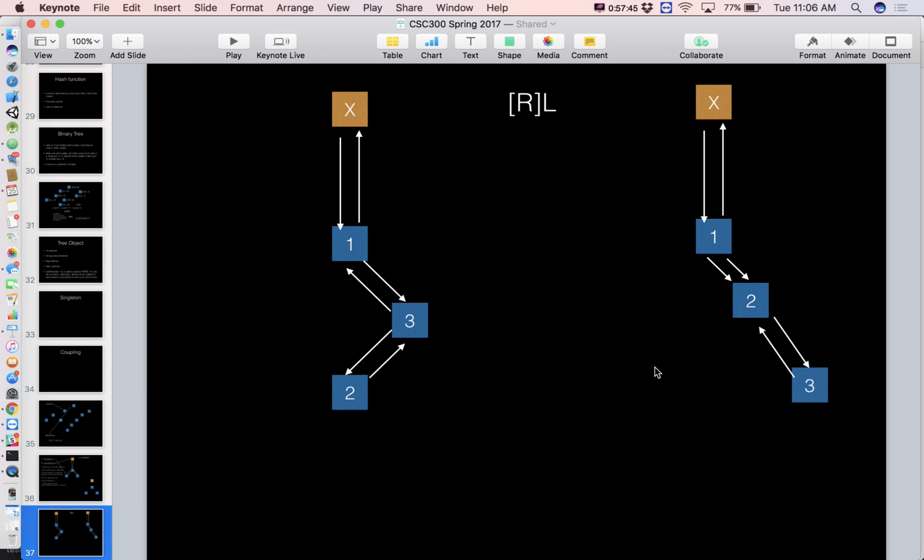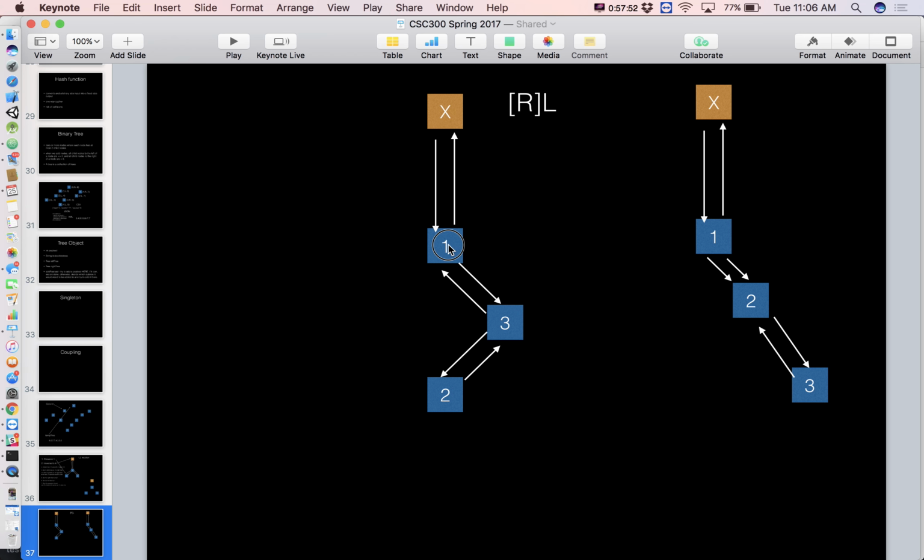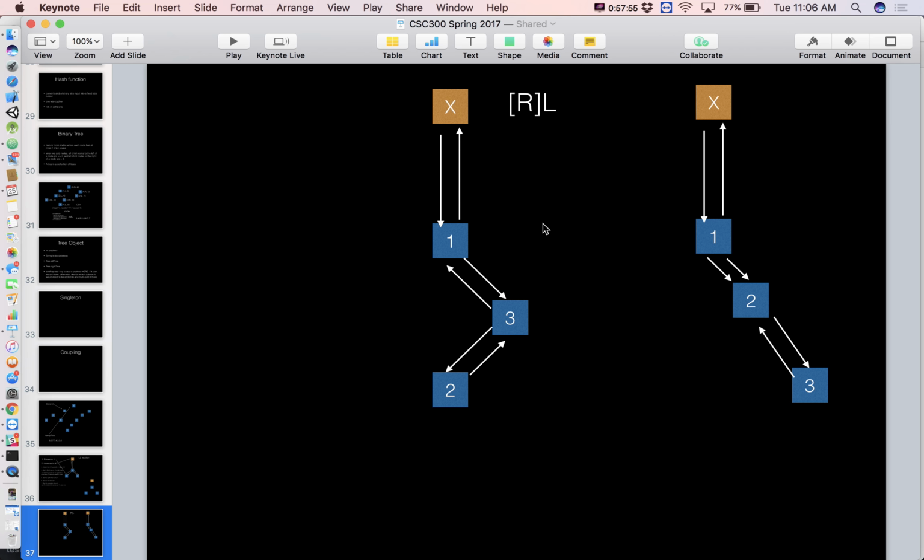All right, so what do I got to do here? How do I turn this tree into this tree? What's my algorithm? What actually moves here? So these guys and these guys, those two guys, they remain, correct? We do update who this guy points to and who points to him from down below, but it's these two that we're interested in. So we need to get a pointer that points here and a pointer that points here.